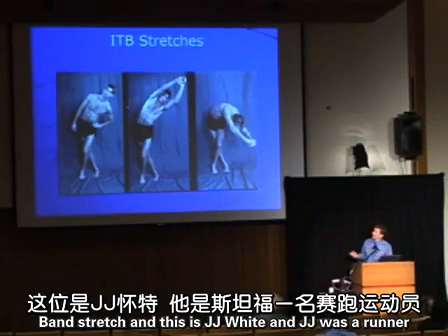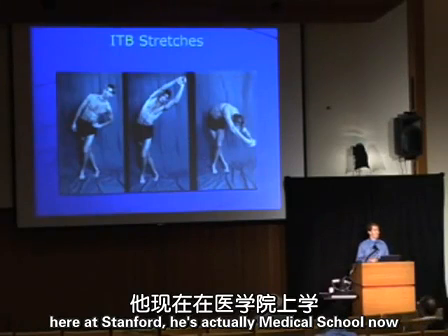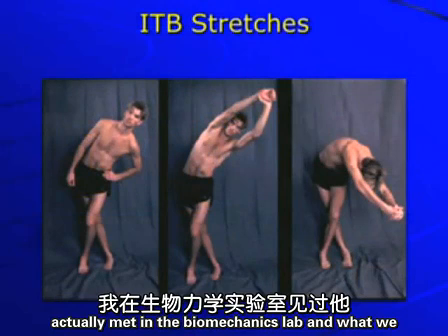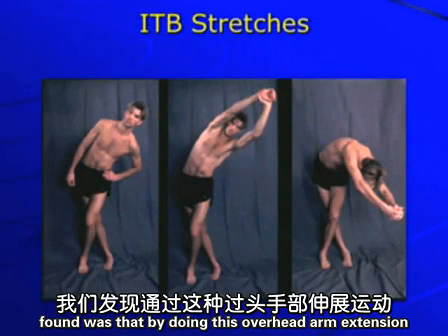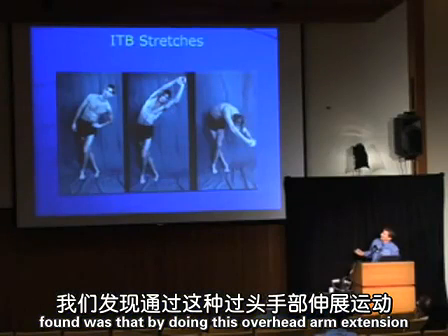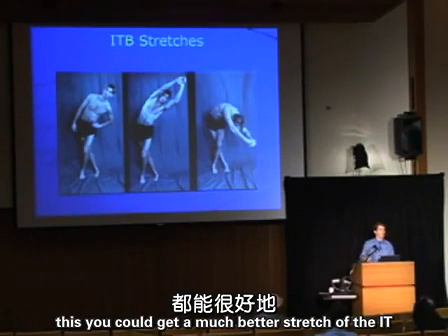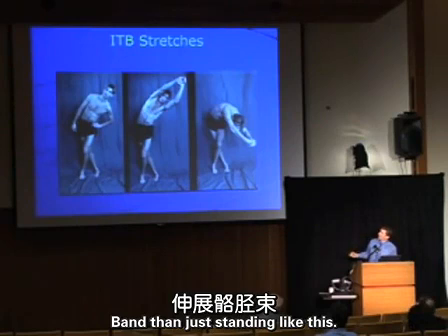And this is J.J. White, and J.J. was a runner here at Stanford. And he's actually in medical school now, but for his senior thesis in human biology, we went in the biomechanics lab. And what we found is that by doing this overhead arm extension, and also to a lesser degree by bending diagonally like this, you could get a much better stretch of the IT band than just standing like this.